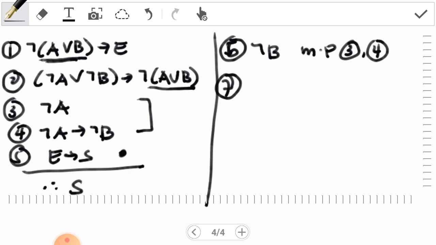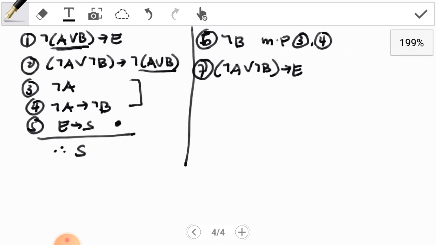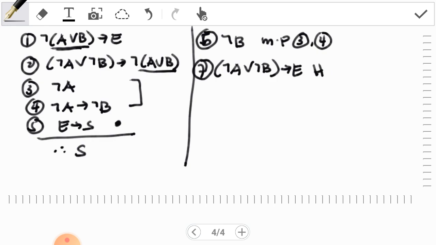Go to your list, hypothetical syllogism: P implies Q, Q implies R, therefore P implies R. So this must be not A or not B implies E. We have hypothetical syllogism of 1 and 2.